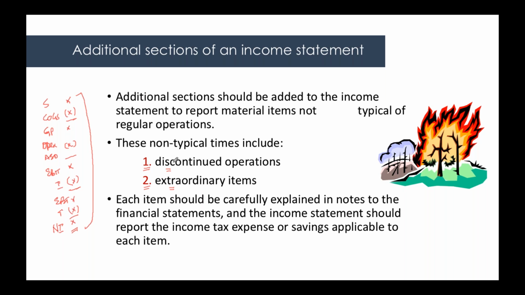There might be a loss or gain from discontinued operations due to discontinuance of a product line, a branch, a division, etc. There might be a loss due to extraordinary items like floods, earthquakes, any natural disaster, etc.